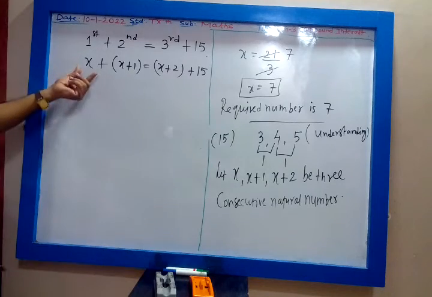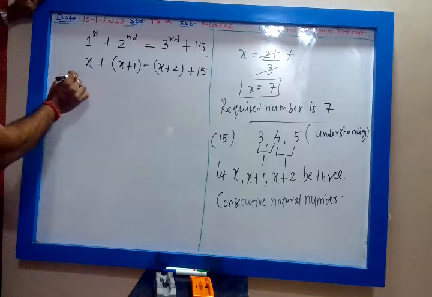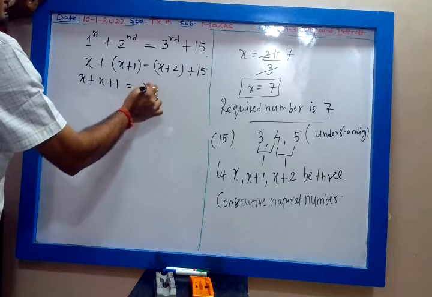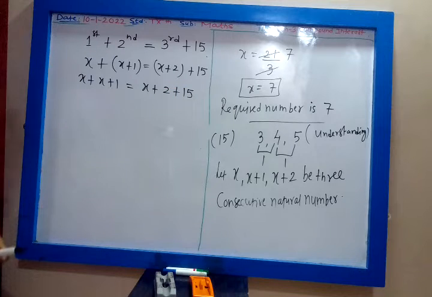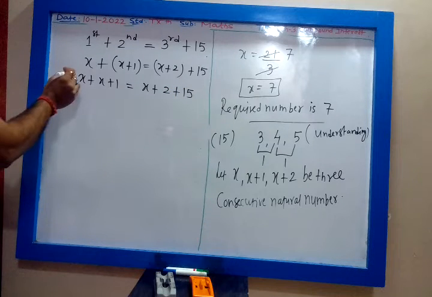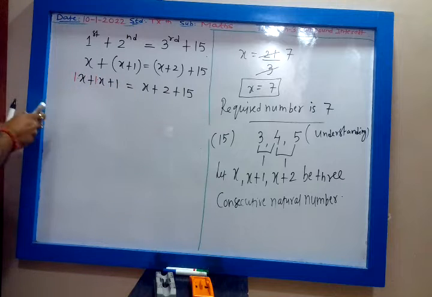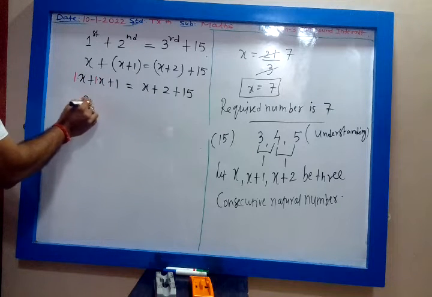So the sum of first and second is 15 more than the third. So simplify: x plus x plus 1 is equal to x plus 2 plus 15. Now we can add the like terms. x means 1x, so 1x plus 1x is 2x.